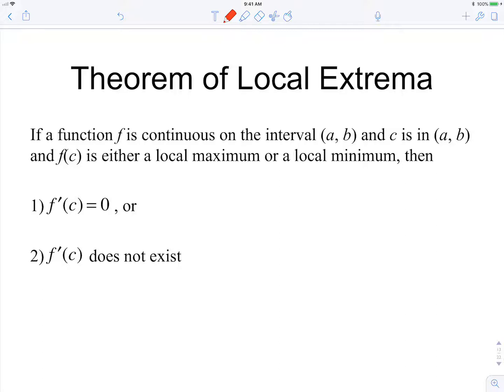And that would mean that there would either be a vertical tangent line at x equals c, which we'll see in one of these examples, or there would be a sharp corner to the graph. An example of that would be at x equals 0 on the graph of absolute value of x.